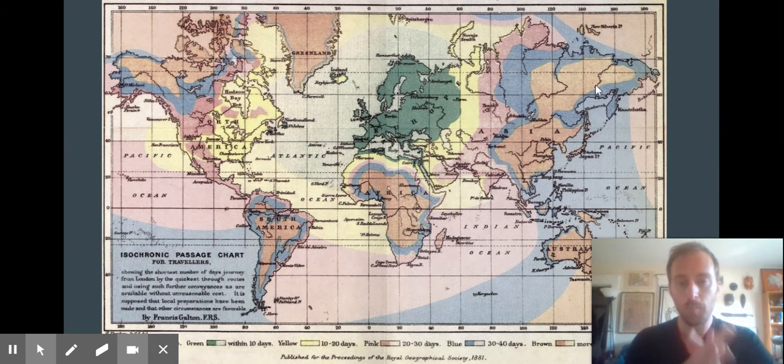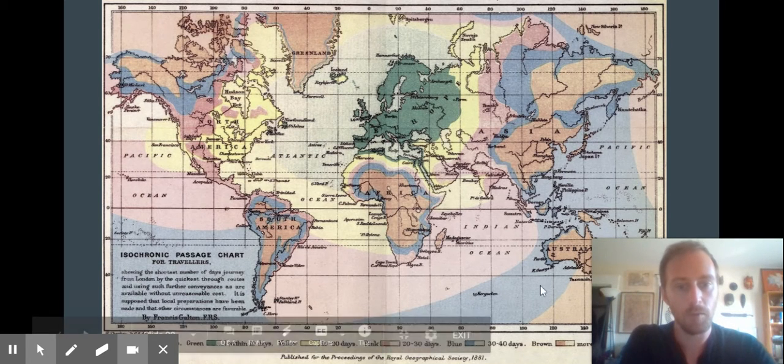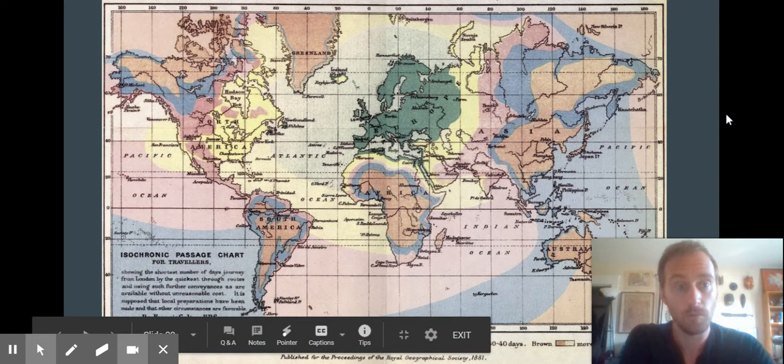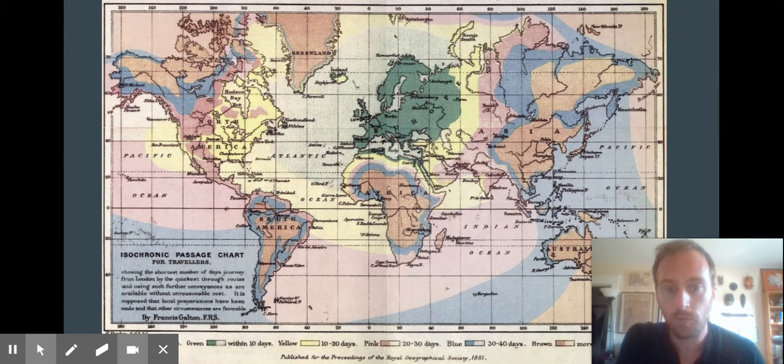This is a bit of a confusing series of maps if you don't know what you're looking at, but if you look at the bottom, I think they're super interesting. What this shows you is in 1881 how far somebody could travel in a certain amount of time, all centered on England.